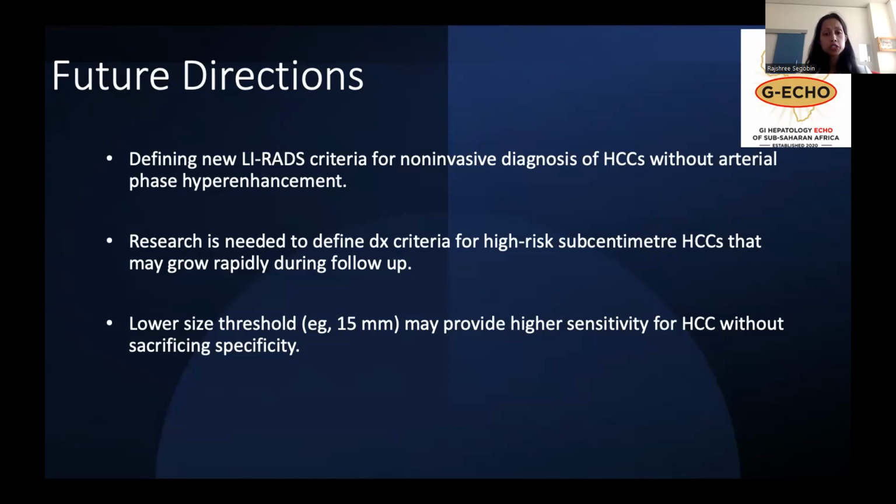We need more research to define diagnostic criteria for sub-centimeter HCCs that are also high risk and that may grow rapidly during follow-up time, and to have a lower size threshold, maybe, for example, 15 millimeters, to improve the sensitivity of pickup of HCCs without sacrificing specificity. As we know in the table, we are looking at 20 millimeters as the threshold.